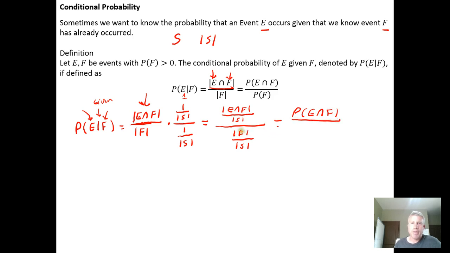And the size of F divided by the size of the original sample space is just the probability that F happens. And so that generates two different but equivalent ways of calculating the probability of E given that F has already occurred. So let's look at this in practice.